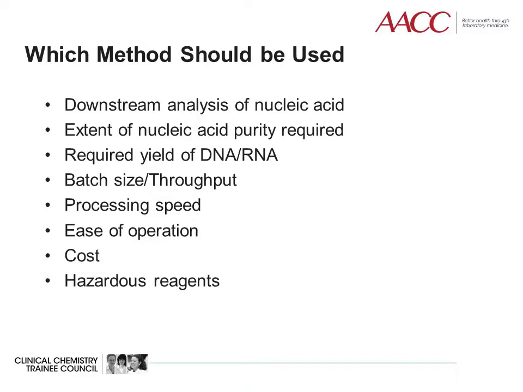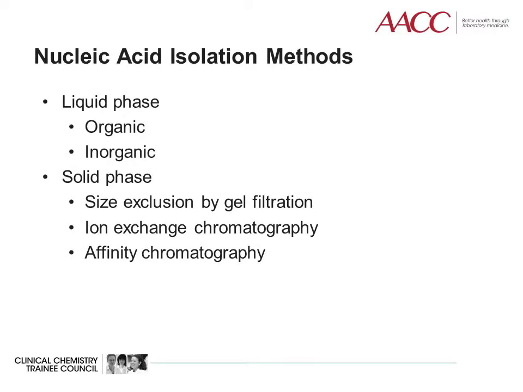To select a final procedure, also factor in the batch size, turnaround time, cost, complexity of procedures, and whether hazardous reagents will be used. There are many different procedures available for nucleic acid isolation, including liquid phase and solid phase procedures. In the next few slides, we will explore some of these methods.